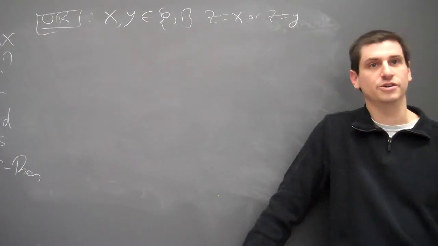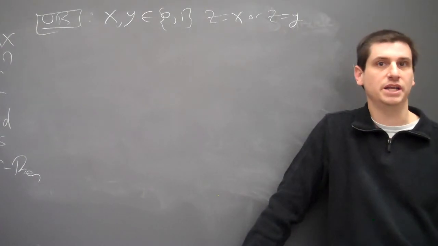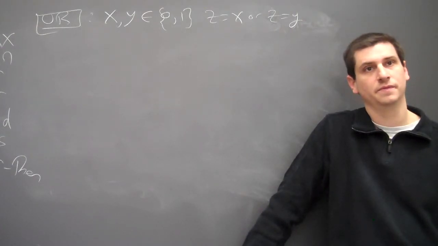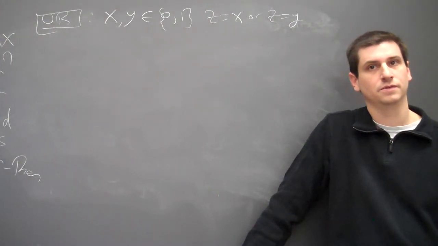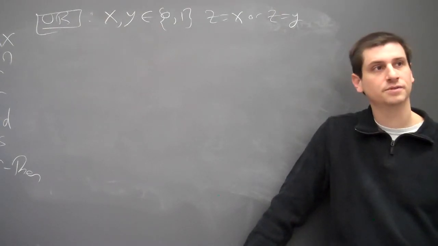So if x and y are different, then z could be anything. If x and y are the same, it has to be the same. So any thoughts as to how you would attack something like this? Obviously z equals x plus y over 2.